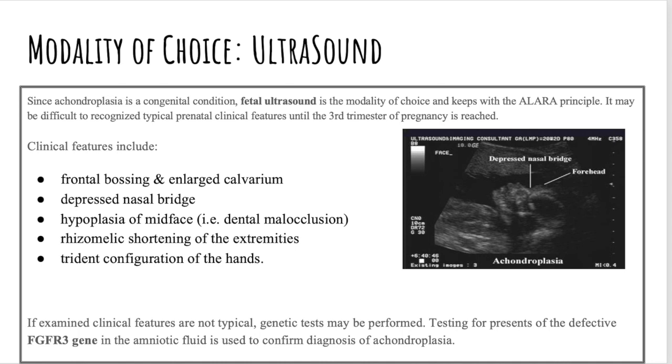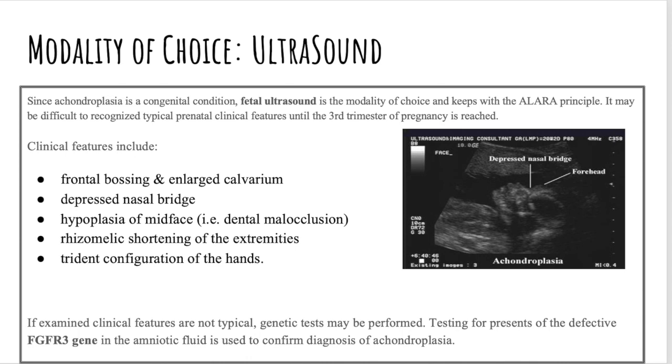Typical features which can be found using ultrasound are frontal bossing of the forehead, macrocephaly or enlarged calvarium, depressed nasal bridge, and hypoplasia of the midface, where the center of the face develops more slowly than the eyes or the forehead. Also, short limbs and the trident configuration of the hands, which we talked about earlier in this presentation, occur. It may be difficult to recognize typical prenatal clinical features until the third trimester of pregnancy, though.